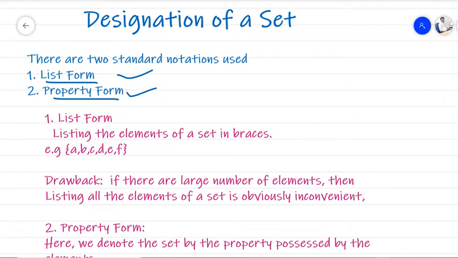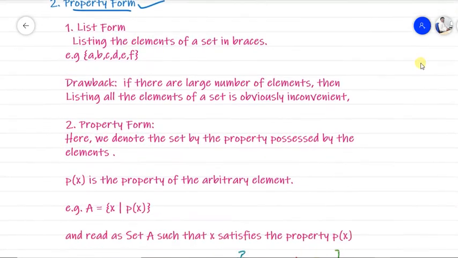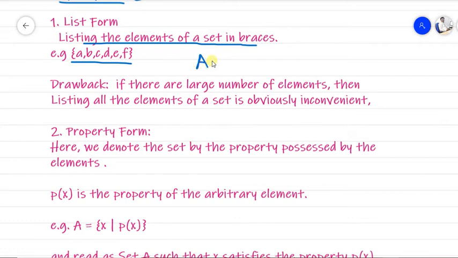The first thing we need to see here is the list form. It means listing all the elements of a set in braces. For example, I'll say my set name is A, and I will write the elements in curly braces: 1, 2, 3, 4, separated by commas.